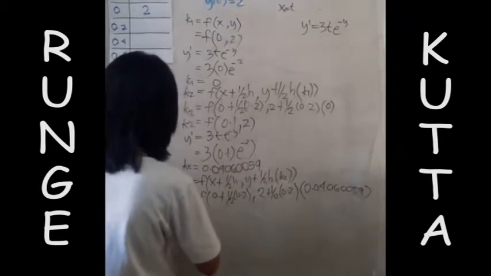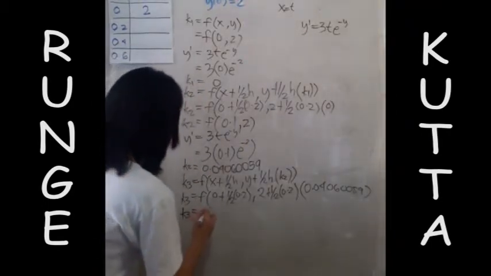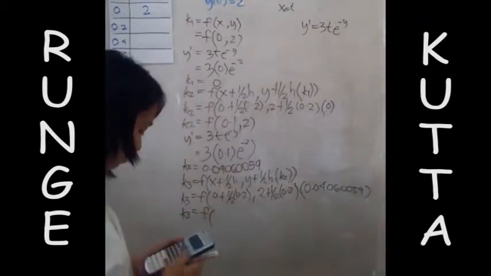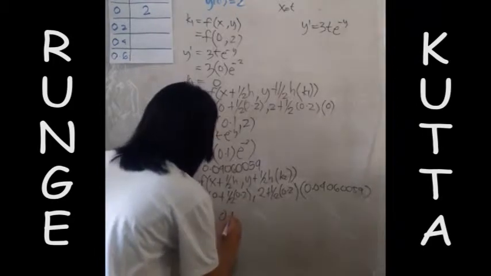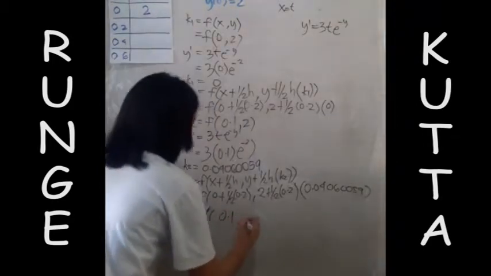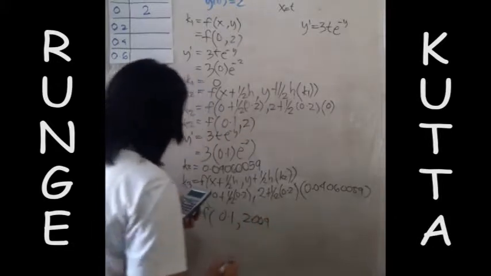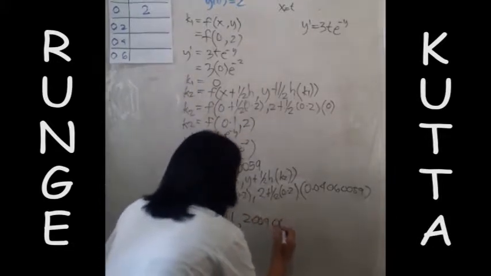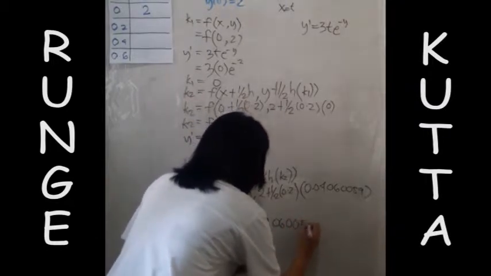And we are going to have a value of 0.1 and 2.004060059.